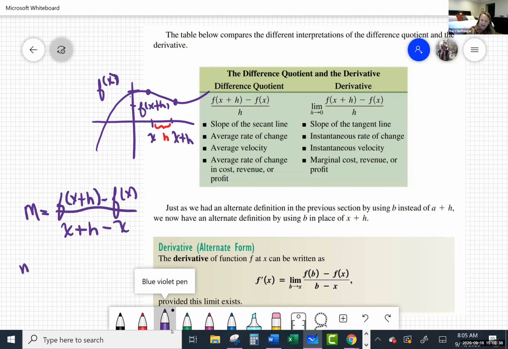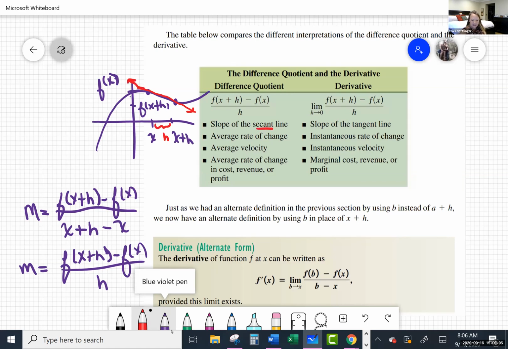And we see that that gives us our difference quotient, because in the denominator, I'm sorry, the h doesn't cancel, the x cancels, leaving you with just the h. So if we joined these 2 points, the line that joins them is called the secant line. And so you just found the slope of the secant line using this.